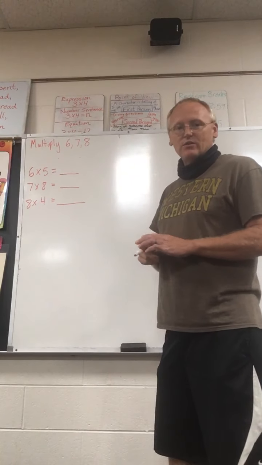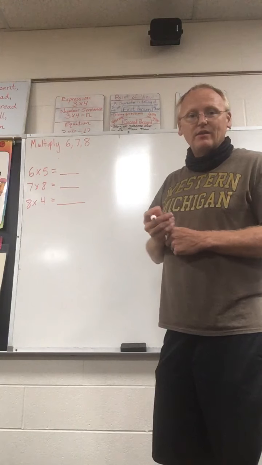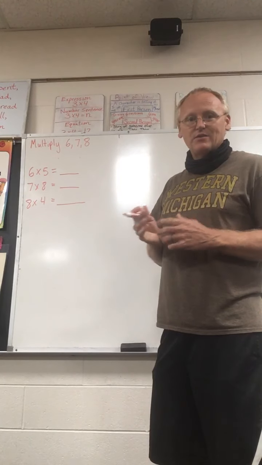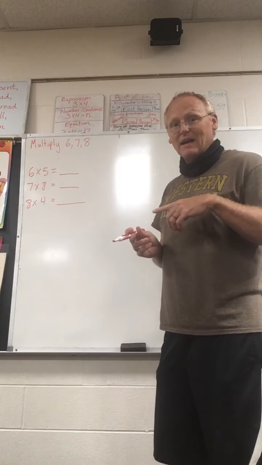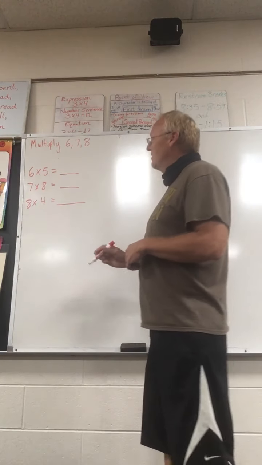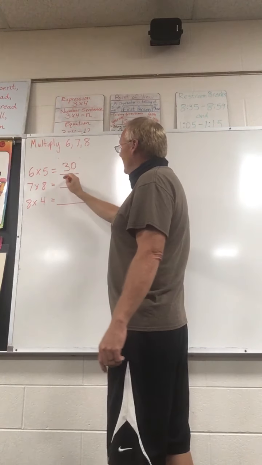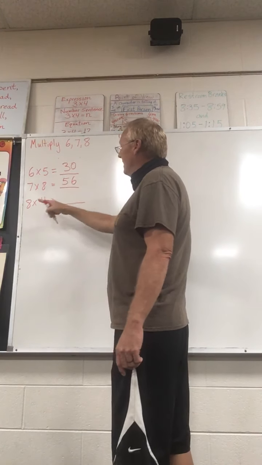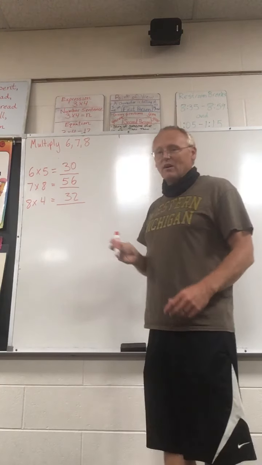So go ahead and try those 3. Now, after you've done these 3, here are the answers. And if you haven't clicked pause, go ahead and do that and do your problems, and then come back and listen to the answers. So the first one, 6 times 5 is 30. 7 times 8 is 56. And 8 times 4 is 32. Okay, so those would be all of your products.